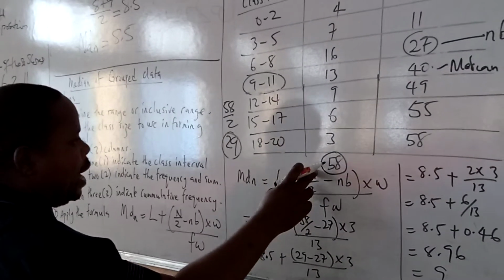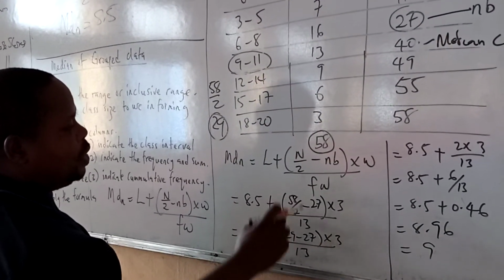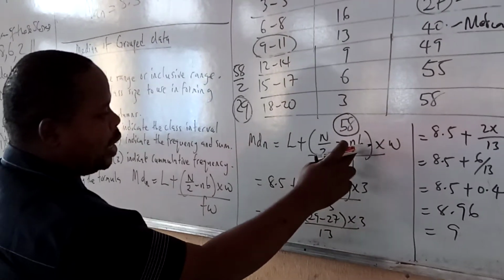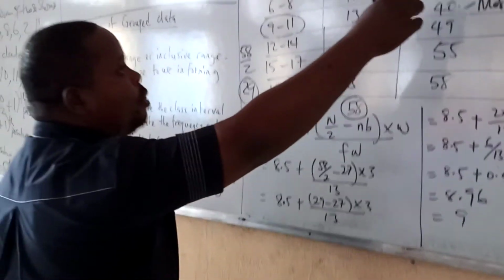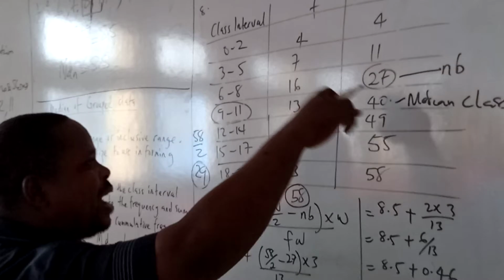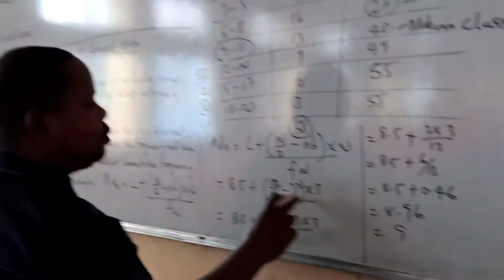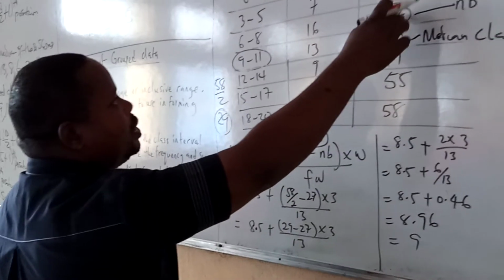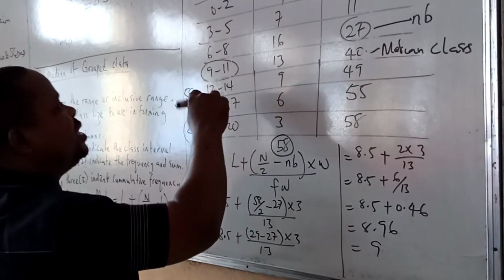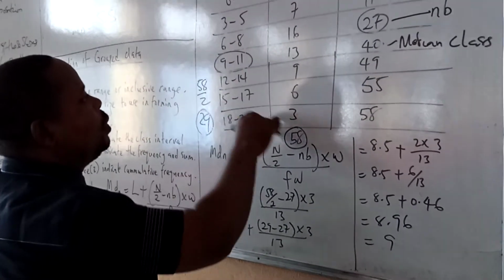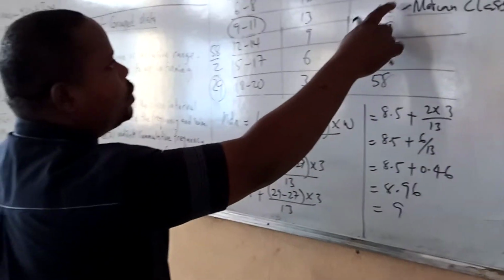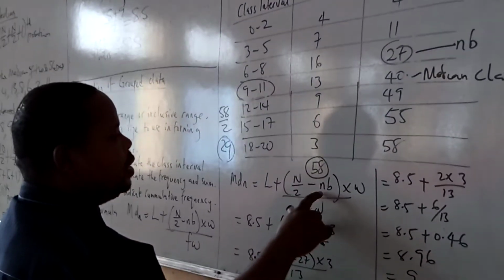And then N stands for the number of scores, which is 58 over 2. NB stands for the cumulative frequency directly below the cumulative frequency of the median class, and what we have there is 27. 6 to 8 is directly below 9 to 11, and so the 27 there is the NB.